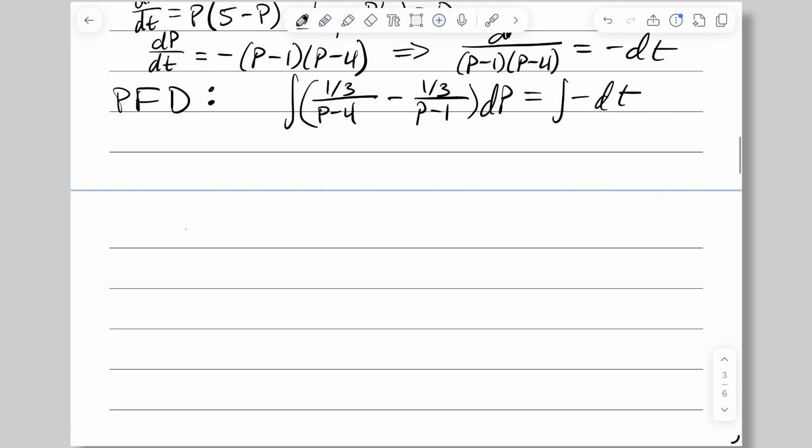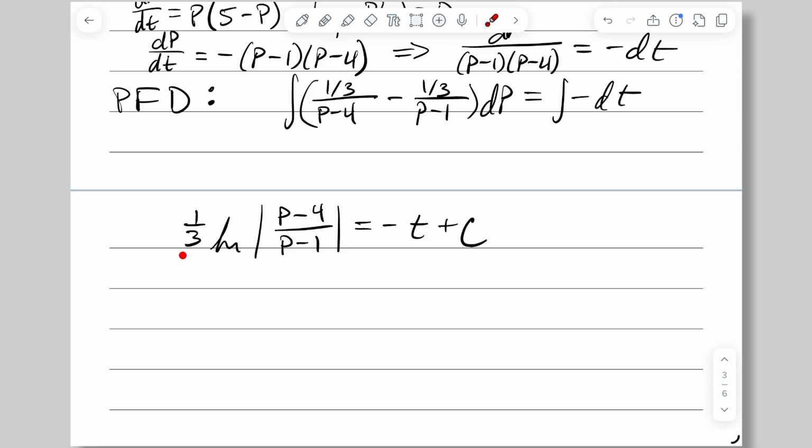Integrating and using properties of logs gives us 1/3 of the natural log of the absolute value of (P minus 4) over (P minus 1) is equal to negative t plus c.